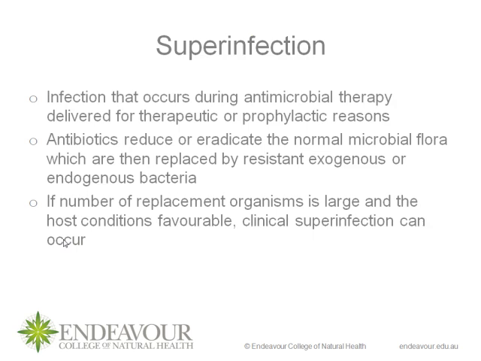Superinfection is when there is use of an antimicrobial for therapy or prophylaxis, and antibiotics eradicate the normal flora which are susceptible to that antibiotic. Then there will be overgrowth of normal microbial flora that had some resistance mechanism, so endogenous bacteria that overgrow.